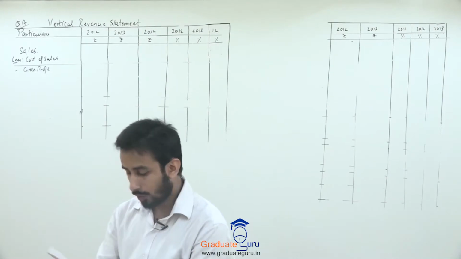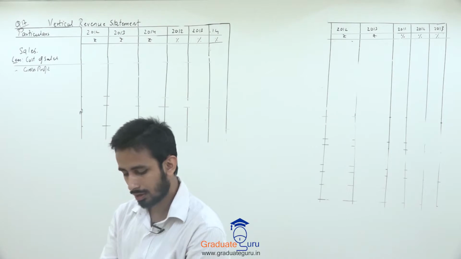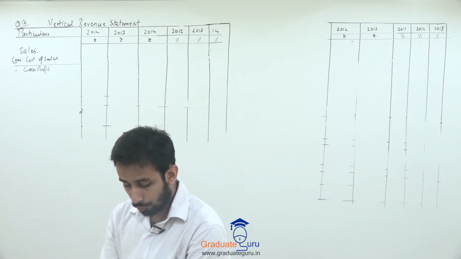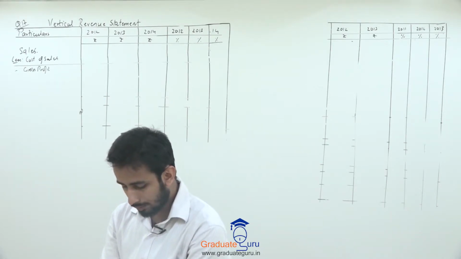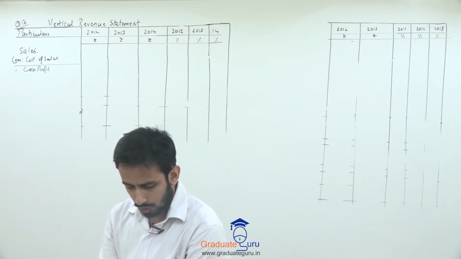The next question number 19th or 18th? Nah, question number 18th. Lehman Brothers income statement for the last 4 years is given to you. 4 years ending 31st March 11, 12, 13 and 14. तो 4 कॉलम आ जाएंगे. Shows the following position.